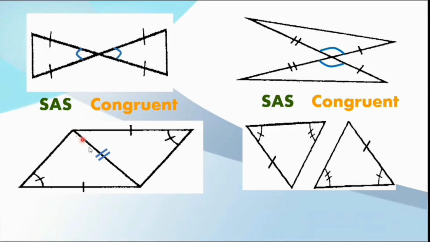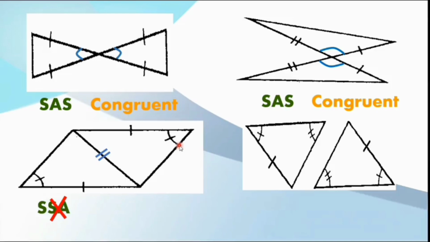We have side, side, angle. On the second triangle, we have side, side, angle. Again, this is SSA, and we know that there is no such thing as an SSA congruence postulate.